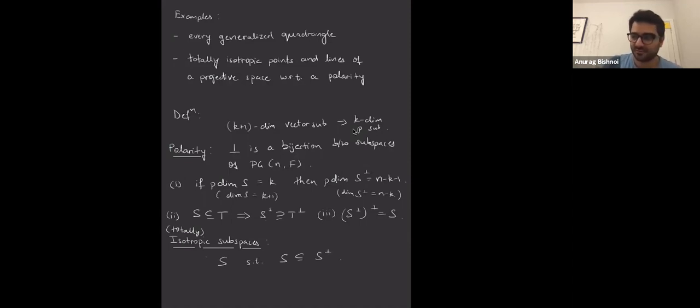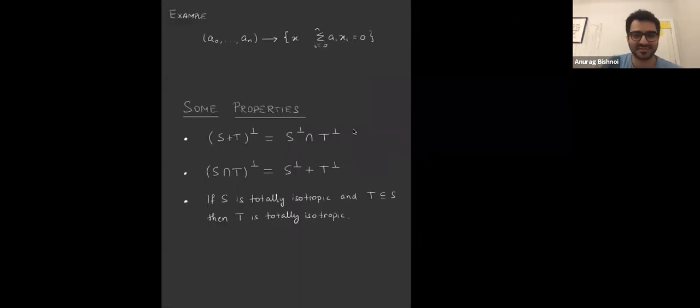And now whenever you have a polarity, let me actually give you an example. The most standard example that anyone would think of, irrespective of what area they are working in, is probably this one. Map any point of your projective space, A0 to AN, to this hyperplane. So this is a zero projective dimensional subspace, and this is an n-1 dimensional projective subspace.